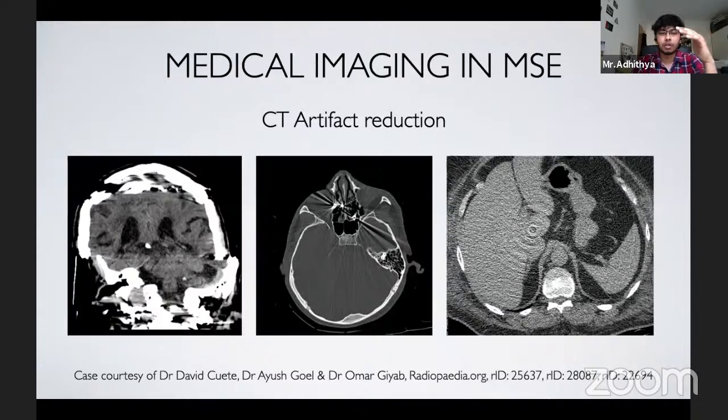There are also imaging techniques which are used to correct these motion artifacts and various other artifacts. And equally, you can also develop hardware in order to avoid certain artifacts, like the motion artifact I told you about. In terms of head movement, we always use a headrest so that the patient doesn't move much.